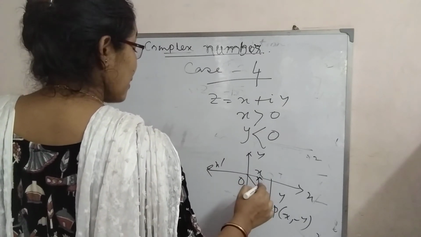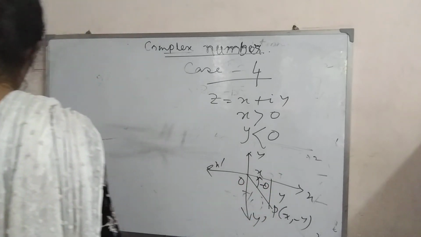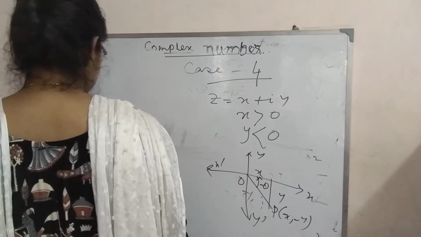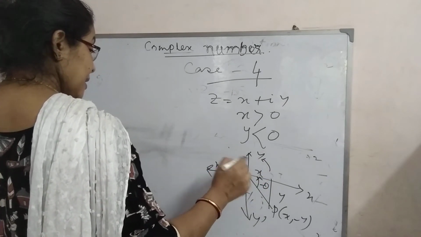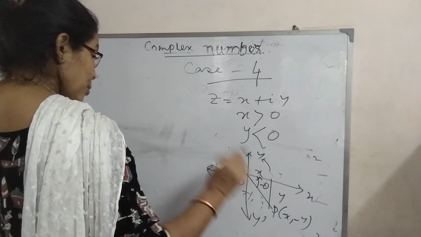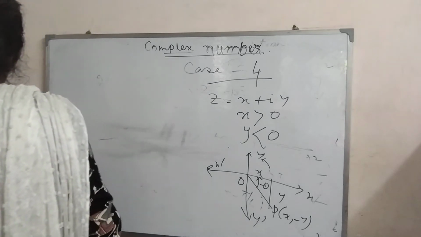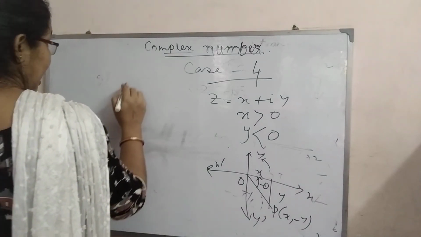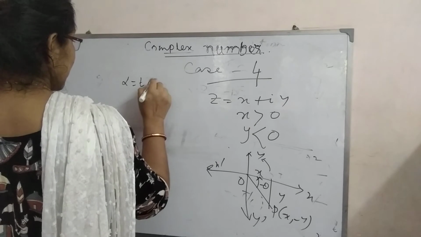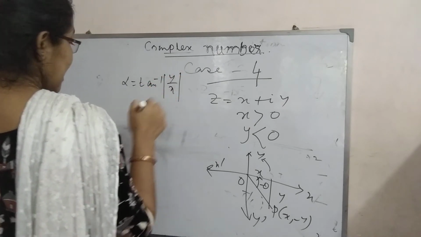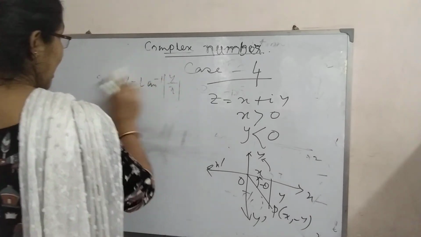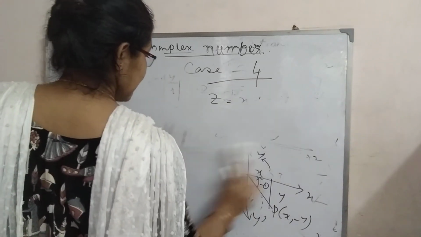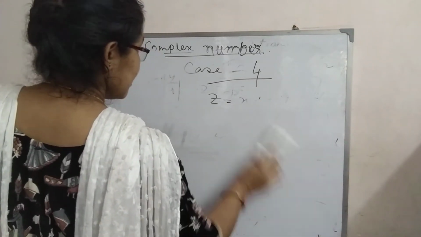This is equal to minus theta. Similarly, alpha equals tan inverse of y by x. I will take an example, then you will understand it properly.